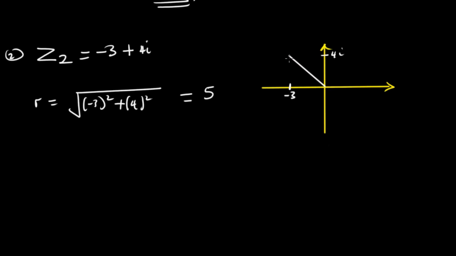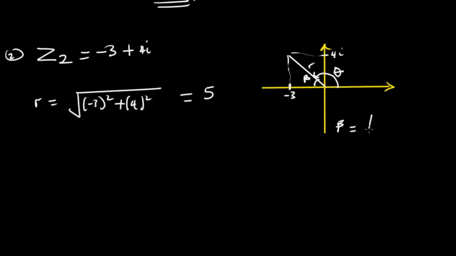So let's define this as the complex number, and we have r. So if you have to measure theta, we have to measure from the positive real axis. So this here is our theta. But we can't find this directly, so I'm going to find beta first.